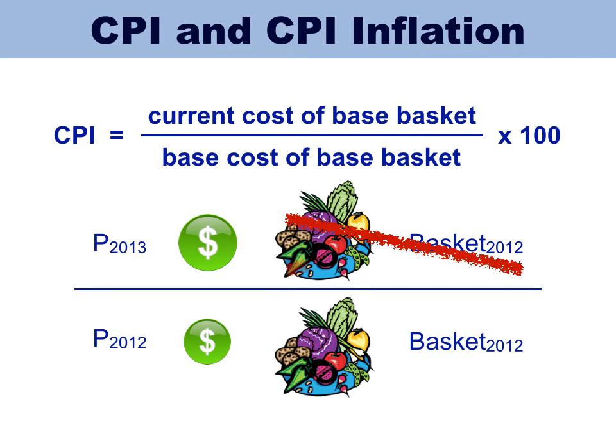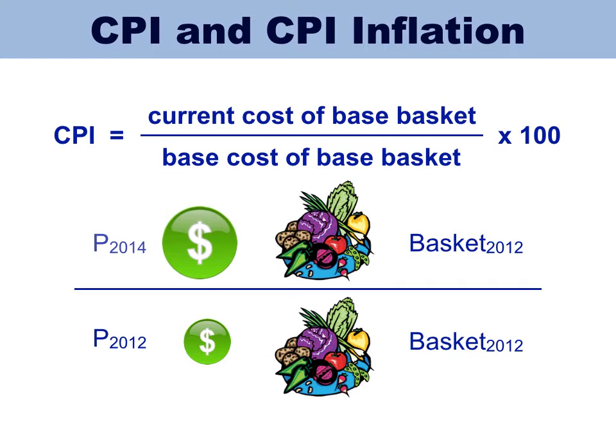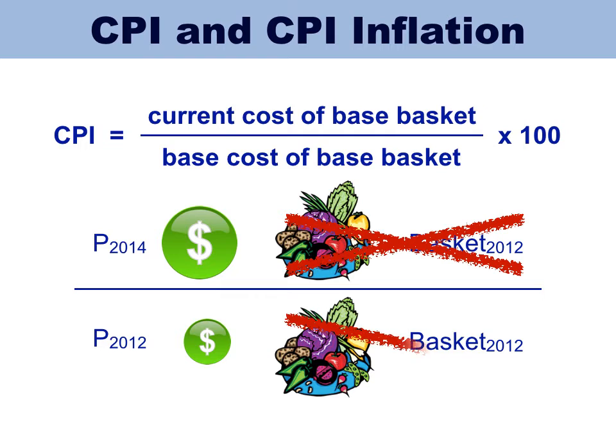But this is something that makes the calculation a little bit easier, in that all we're doing is changing the price in the numerator, whereas everything else remains constant. As we can see, in a virtual sense, not a literal sense, the basket is essentially canceling out on the top and the bottom, and this leaves us with that price ratio.